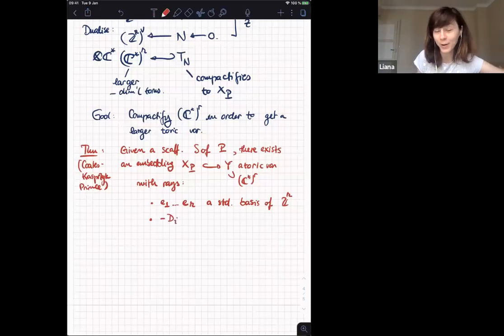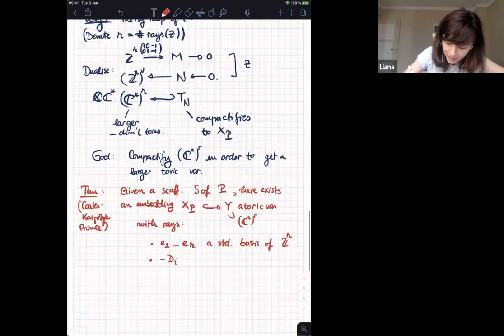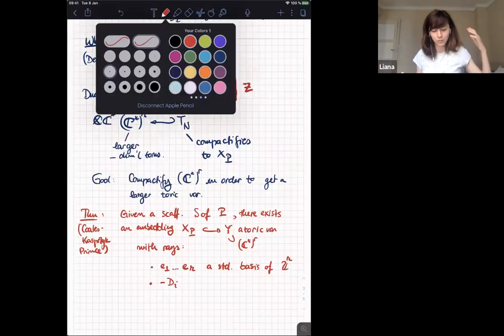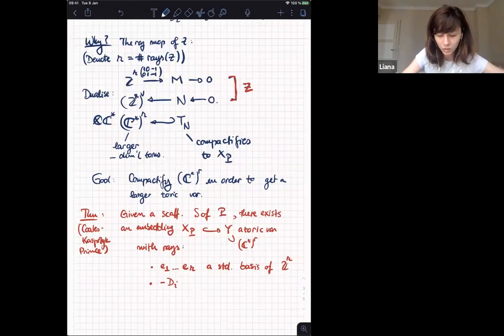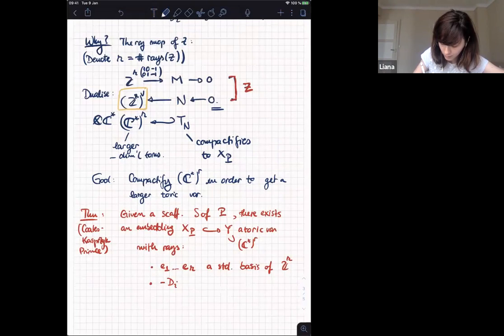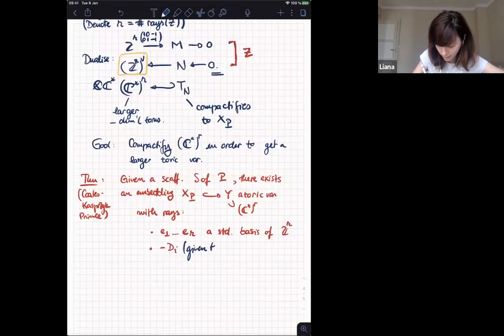Why do I say minus D_i? Minus D_i also looks like it comes from nowhere. But again, you have done this for Z. It's again a basic fact in toric geometry, Cox chapter, I don't know what, that when you do this dual sequence here, the second one, what you will obtain here in the middle, so I will rewrite it, Z to the R dual there, is nothing but the torus invariant divisors on the variety you're writing the sequences for.